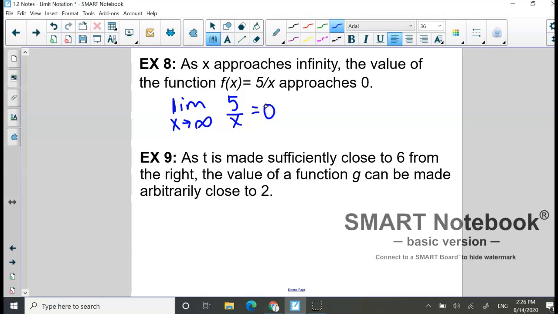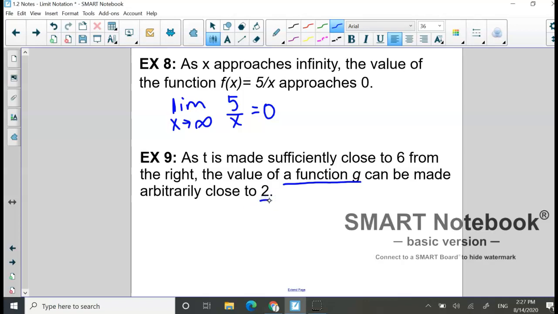Okay. For number 9, it says, as t is made sufficiently close to 6 from the right, the value of a function g can be made arbitrarily close to 2. So this one is a little bit tricky. Notice here you've got a function g can be made arbitrarily close to 2.